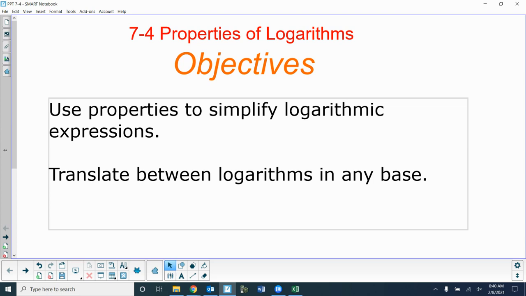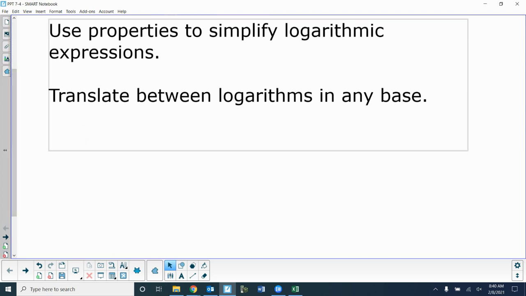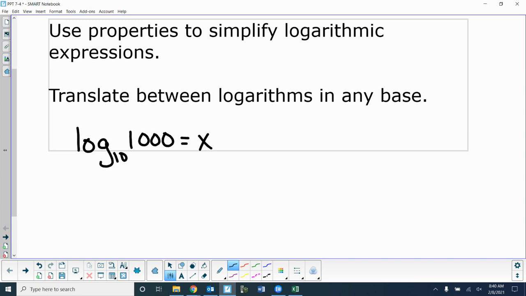All right, 26 was the kind that you had to do the mental math, all right? So it was log base 10 of 1,000. I told you to write equals x on those. And then write it in exponential form.